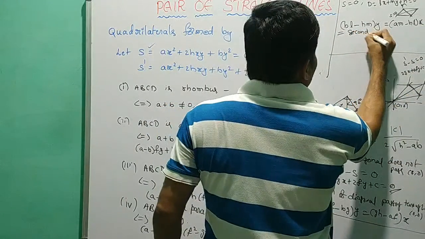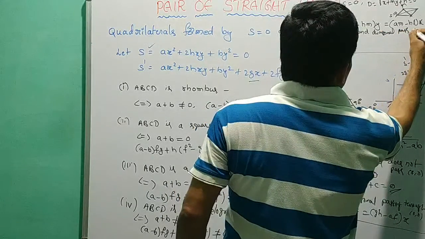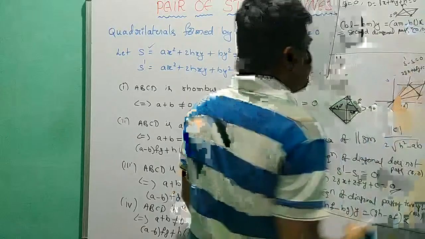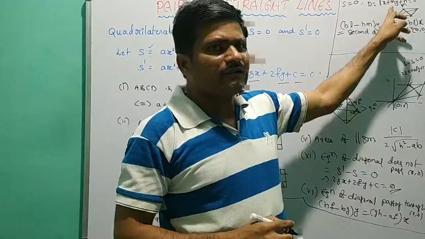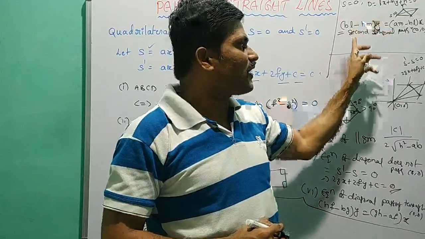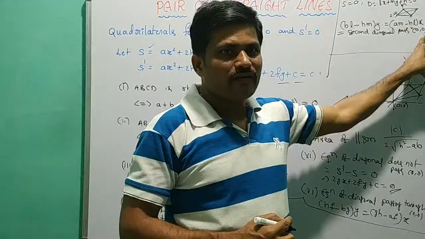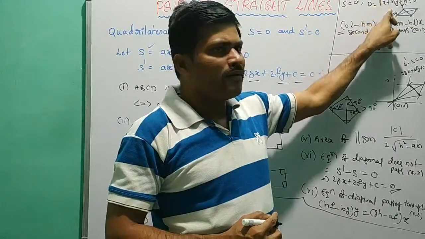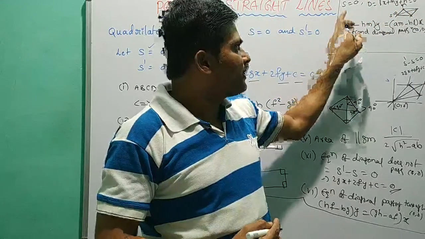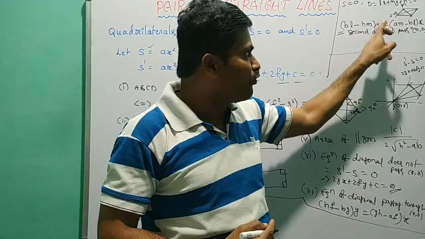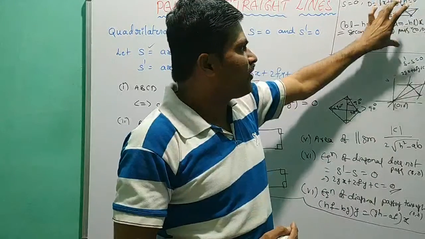It passes through (0, 0). One pair is given and one diagonal is given. Now the other diagonal is clearly passing through the origin, and it is one diagonal of the parallelogram. So the other diagonal is (BL minus HM) y equal to (AM minus HL) x. So this is one formula.